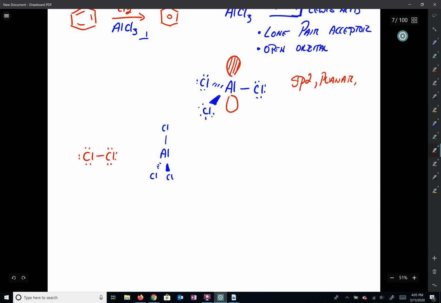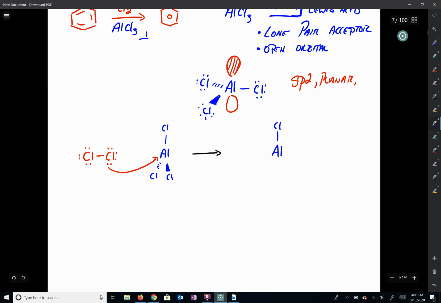And the first thing that's going to happen is the chlorine's going to bond to the Lewis acid. So the Lewis acid is going to accept the lone pair from the chlorine. And when we do this, we make this adduct here.